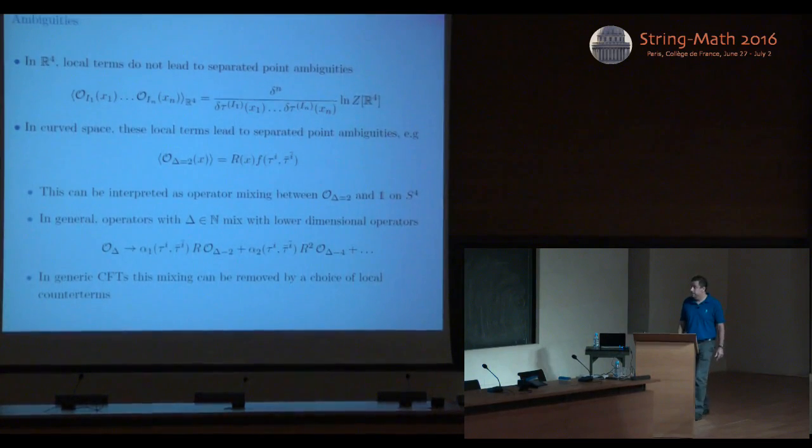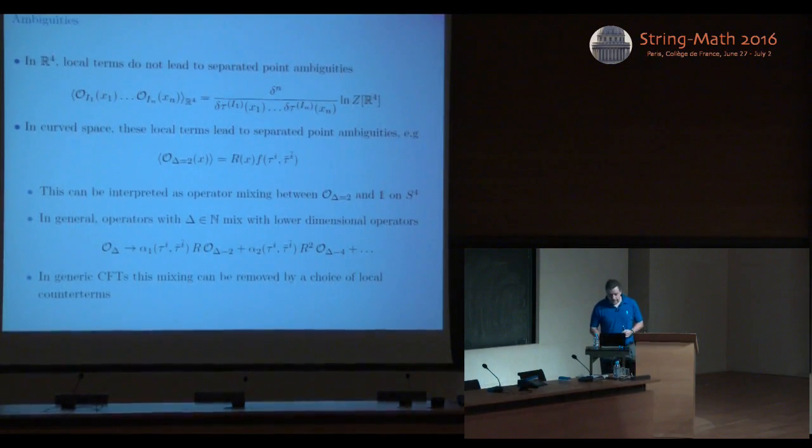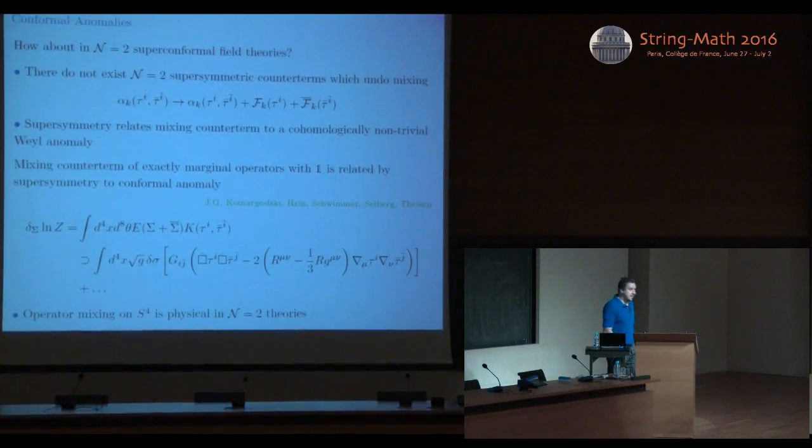Now, in a generic conformal field theory, by which I mean a conformal field theory that has no further symmetries than conformal symmetry, this mixing can be removed by a choice of local counterterm, and then it's unphysical. The question is, what happens in a supersymmetric theory? In a supersymmetric theory, the local counterterms should be supersymmetric; in particular, they should be N=2 supersymmetric.